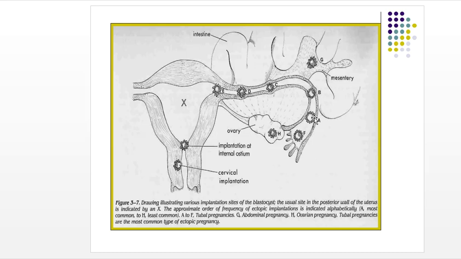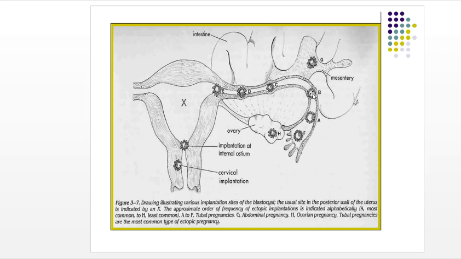These implantations continue to develop more, and the pregnancy continues until the end of the second month. But after the second month, as a result of rupture of the tube, the embryo is aborted and the pregnant woman has severe bleeding, and this is urgent.